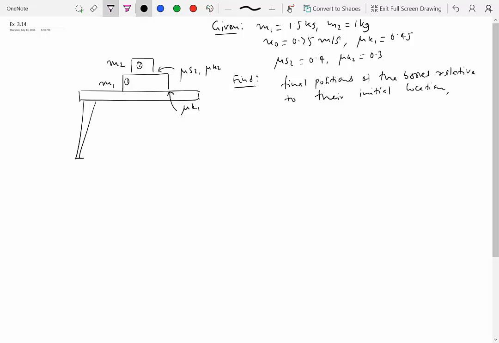So when we find the final positions, of course, we will be able to compute what the relative positions are as well. Model both the books as particles with the same initial horizontal position.